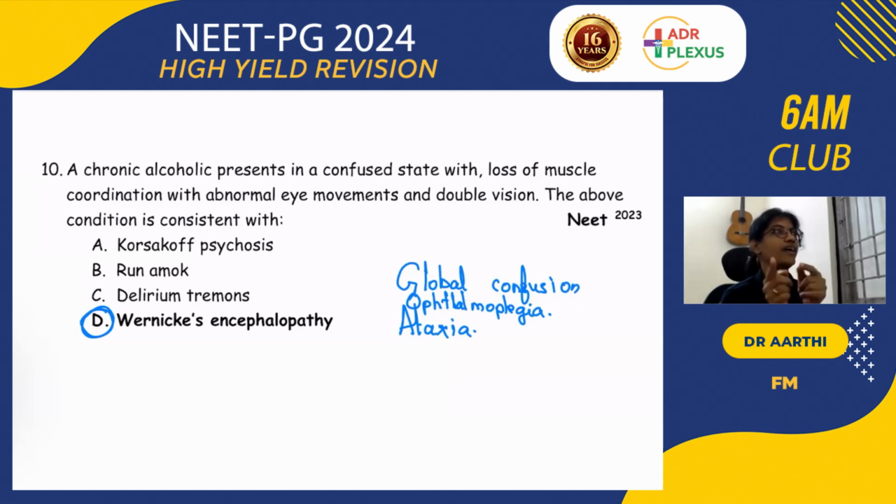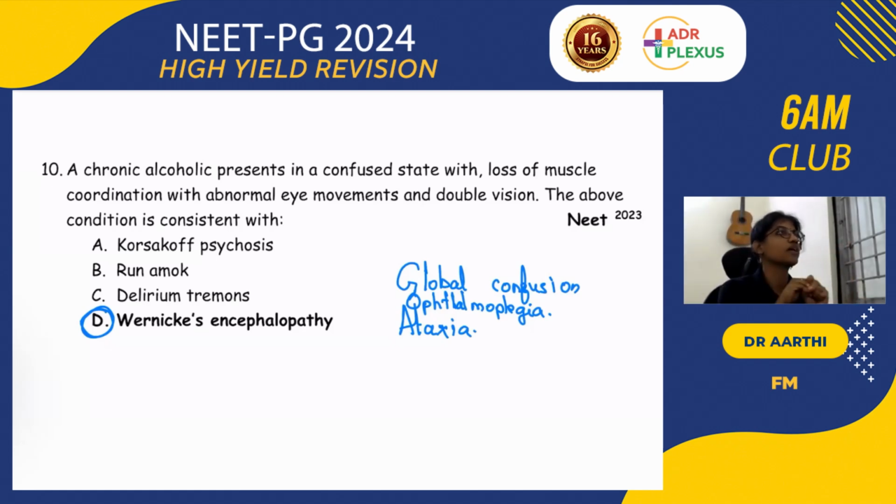In alcoholics, thiamine deficiency is seen, causing Wernicke's encephalopathy. 10 to 20% of these patients have higher chances of mortality, and 80% of them go on to a state of Korsakoff psychosis. So Korsakoff psychosis generally follows Wernicke's encephalopathy, which is why we call it Wernicke-Korsakoff psychosis.